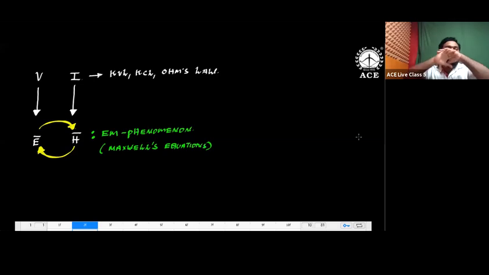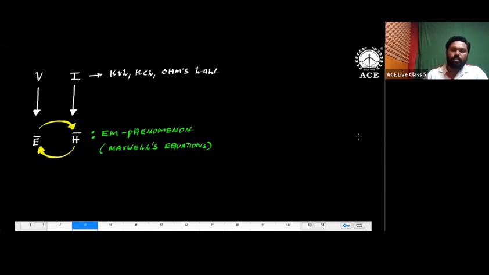So the common thread in different electrical engineering aspects is the EM phenomena. Whatever thing you take, the show which is running behind all these things is EM phenomena. So the EM phenomena is a common thread running behind all your electrical engineering aspects.